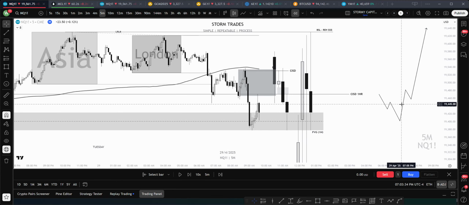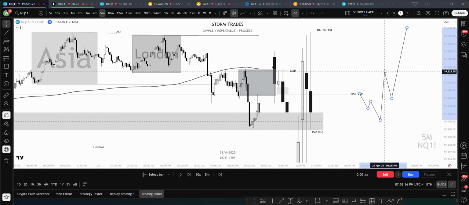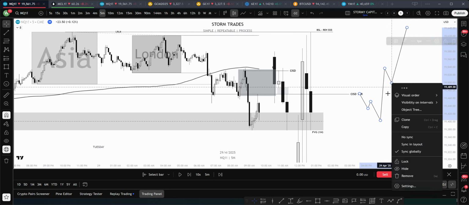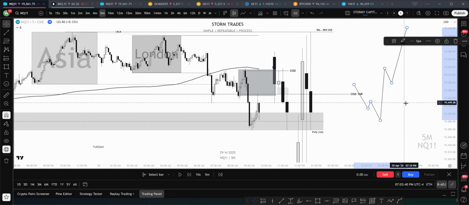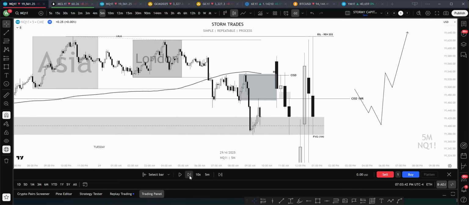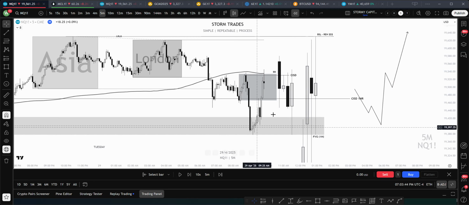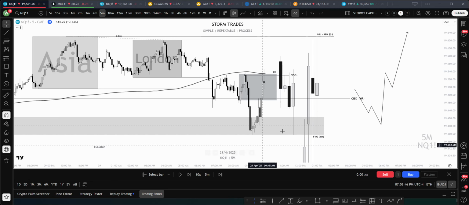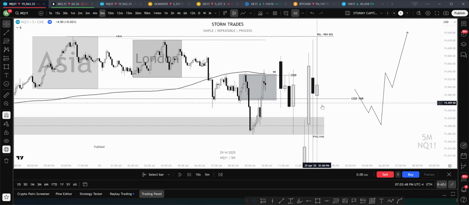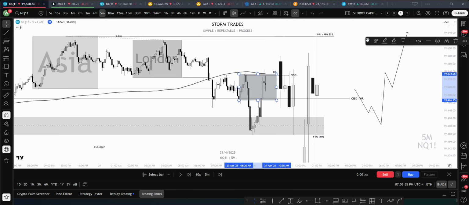And I want to see this right here. That's what I'm looking for. And as soon as we get a close over this, this is not just a breaker now.